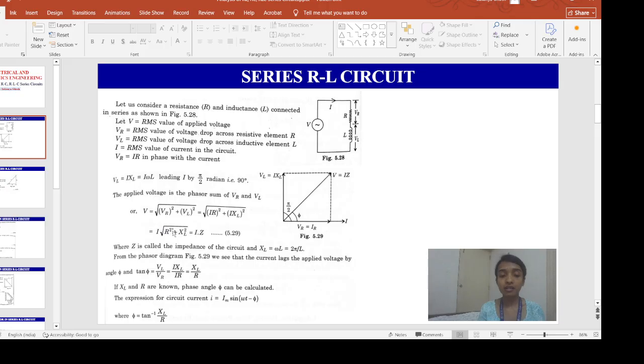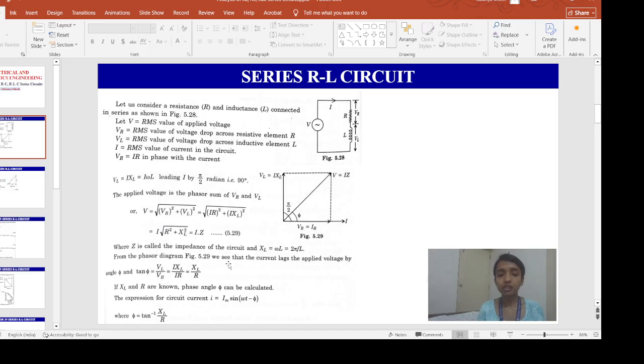If I take I out of the square root, I will get the root of R squared plus XL squared. Let us take this as Z, which is nothing but the impedance of the circuit, combining both the resistance and the inductance. And XL we have already considered as omega L, where omega is 2 pi f, into L.